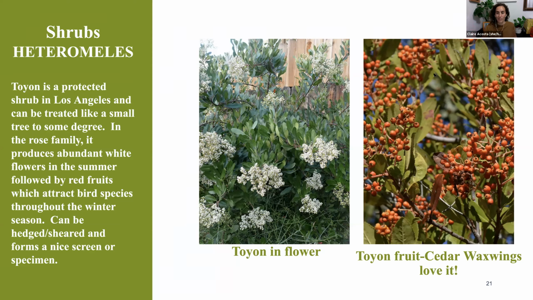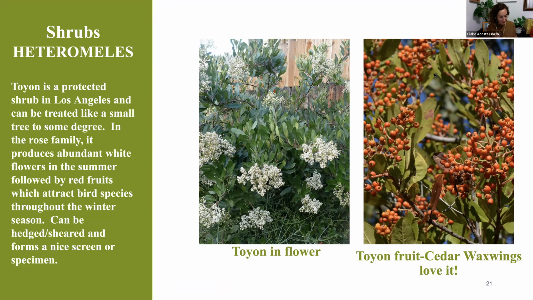It has lovely red berries that birds love. Any conspicuous fruit on a plant is going to attract birds. The cedar waxwings love this red fruit, so it's a good one for birds and wildlife, and the flowers also attract beneficial insects.